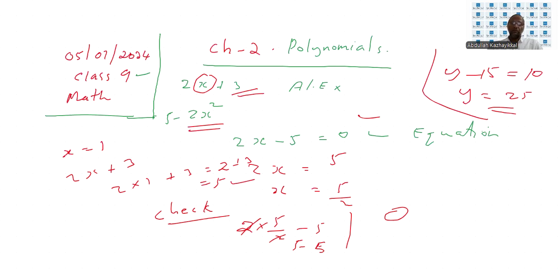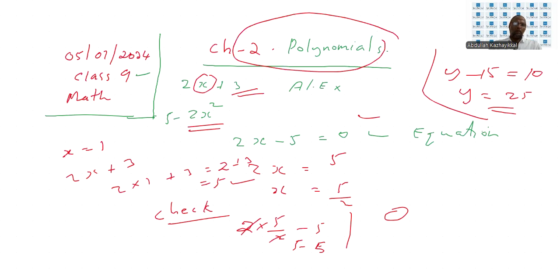But an equation, we can solve any equation. But what about the polynomial? Think about the polynomial. We are talking about chapter 2, polynomials. What is a polynomial? What is the difference between an equation and a polynomial? Please listen.